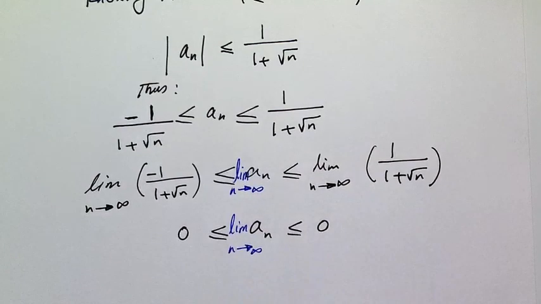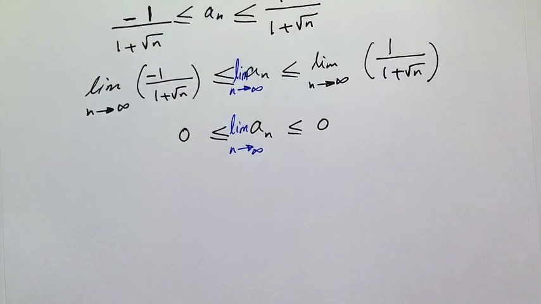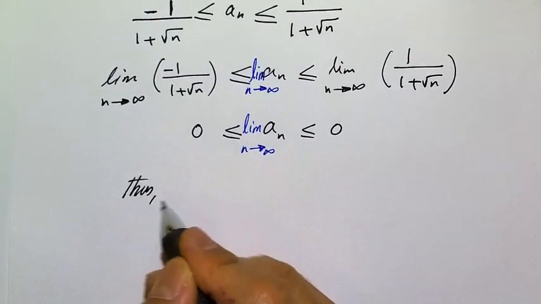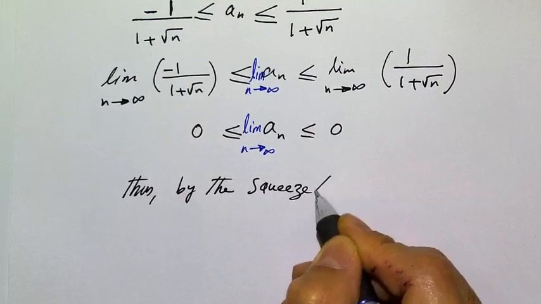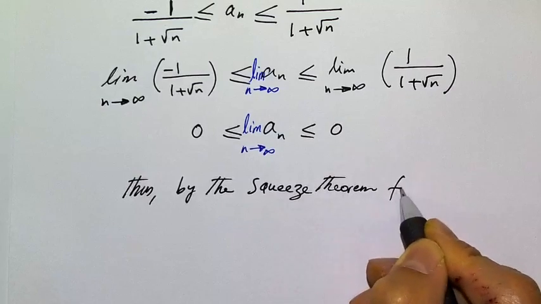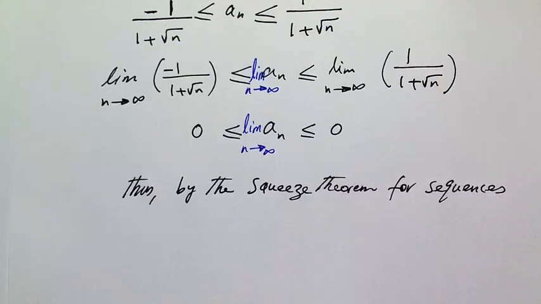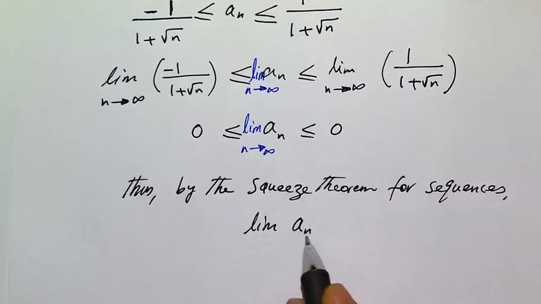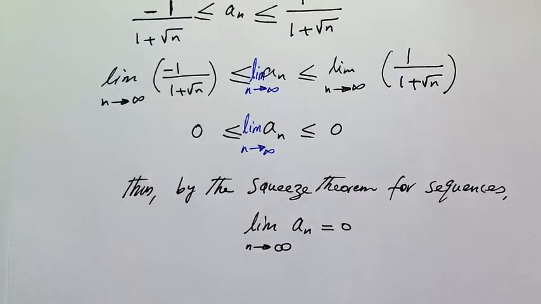Okay, so by the squeeze theorem for sequences, the limit of the sequence as n goes to infinity must also go to 0.